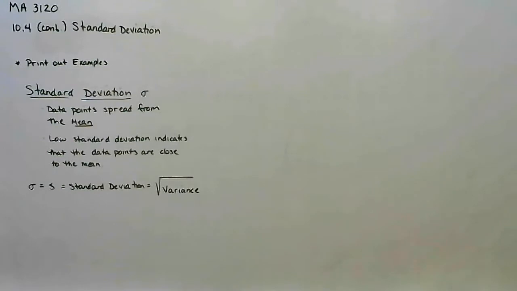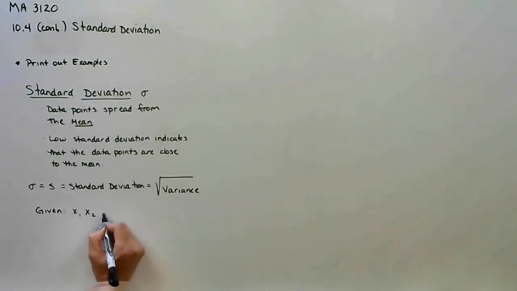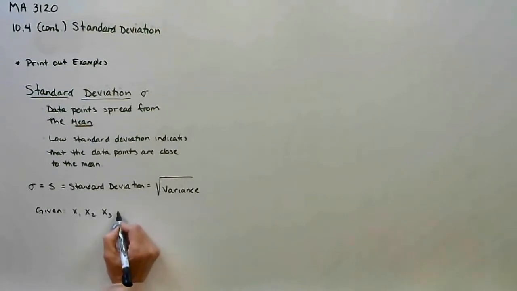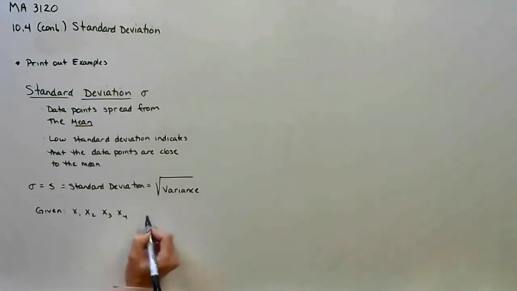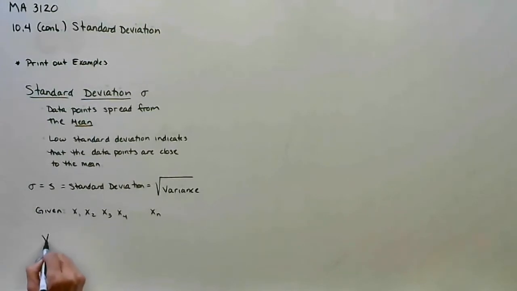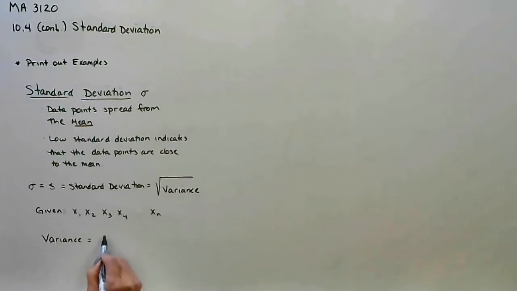So given some data points, and again, we mentioned them before as x sub 1, x sub 2 for the second data point, x sub 3 for the third data point, depending on how many data points we have. We're just going to have some number of data points. The variance is found by taking each individual data point and subtracting the mean, and then squaring it.